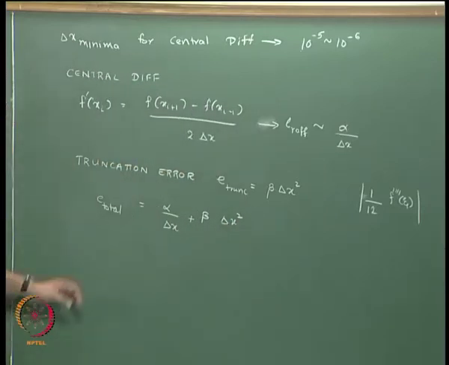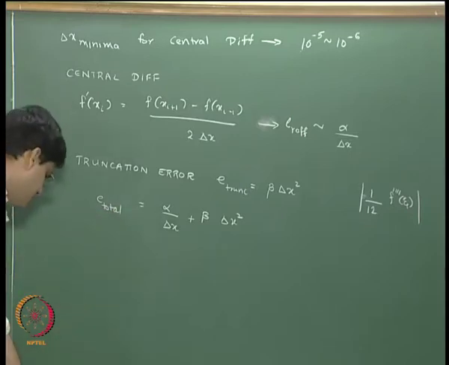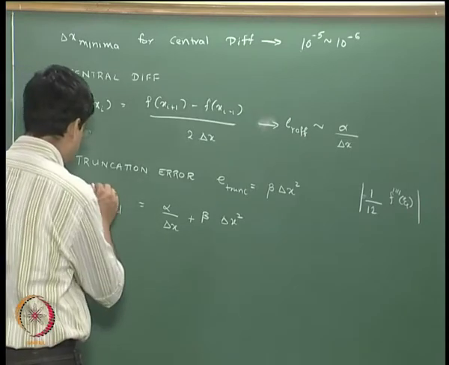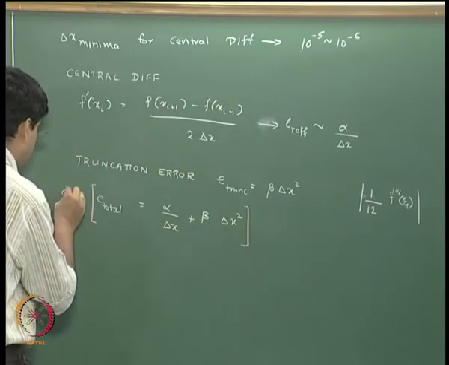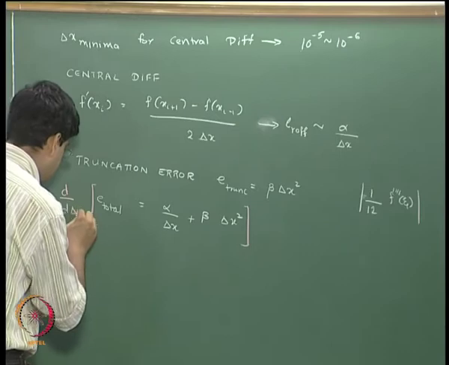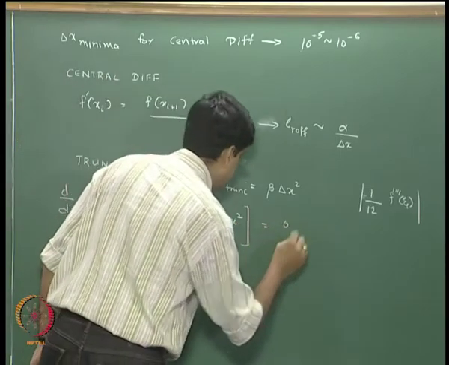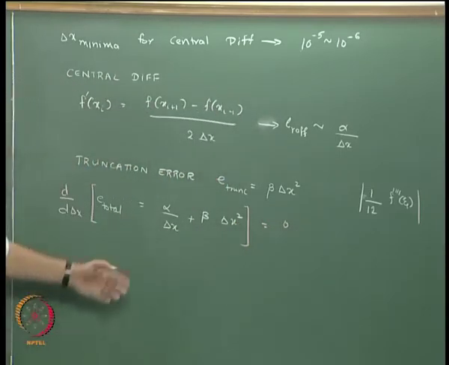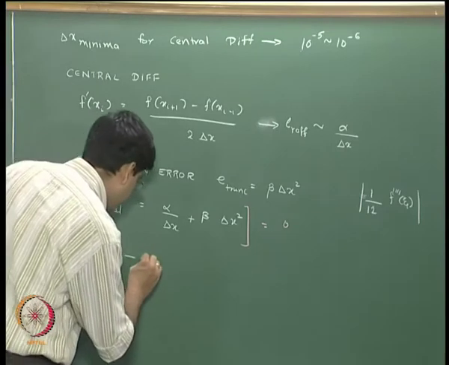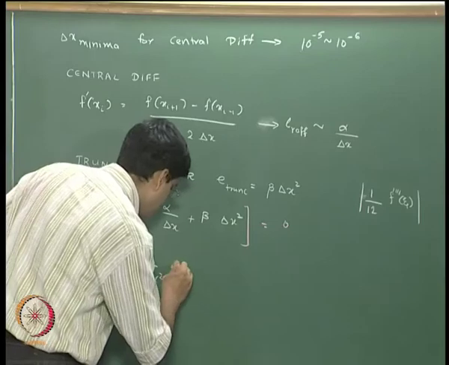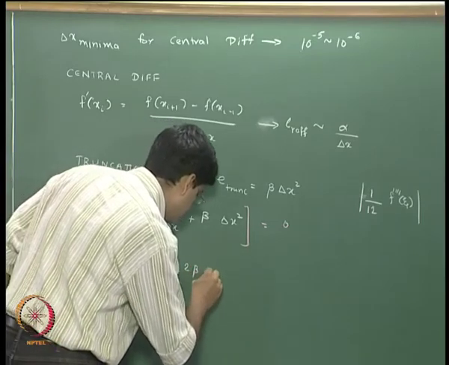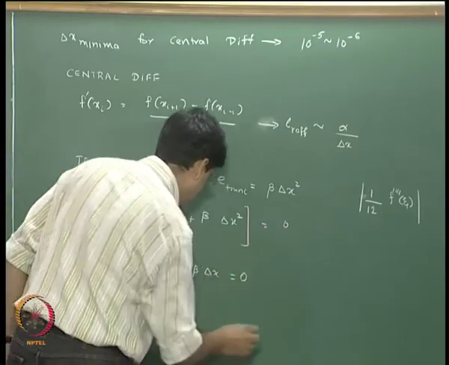And to find out the value of delta x for which we get the error to be minimum, we are going to differentiate this d by d delta x and equate it to 0. The result is fairly straightforward. We are going to get minus alpha by delta x squared plus 2 beta times delta x equal to 0.